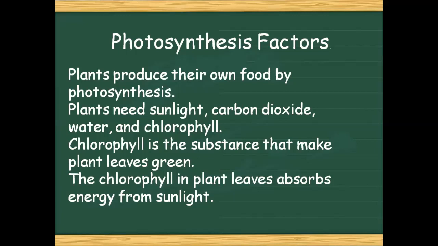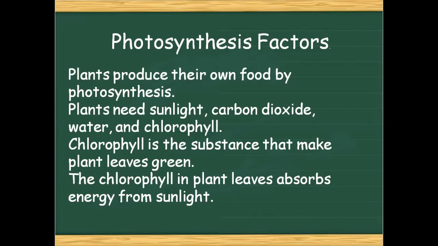Well, if we did not have chlorophyll in the leaves, then the leaves wouldn't be green. Leaves could be red. It depends on the pigment that is in the plant leaves.